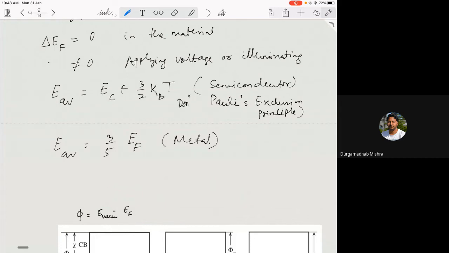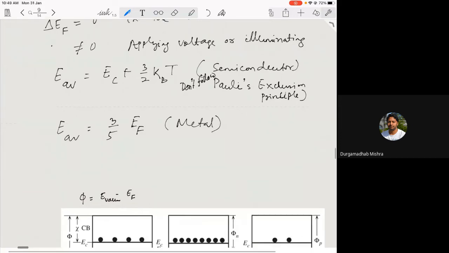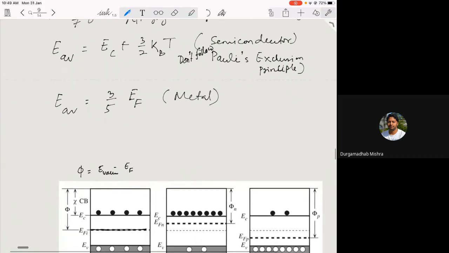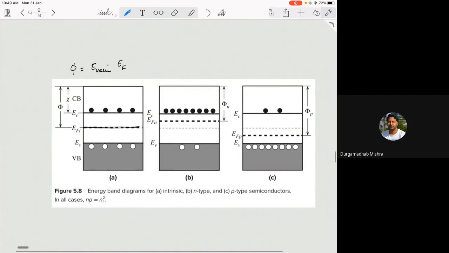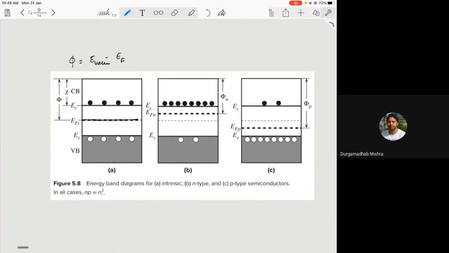The reason again is that you have a larger number of states in the conduction band compared to the available number of electrons. The number of electrons is much less than the number of states, and that's why they don't follow Pauli's exclusion principle, or you can say it is neglected.